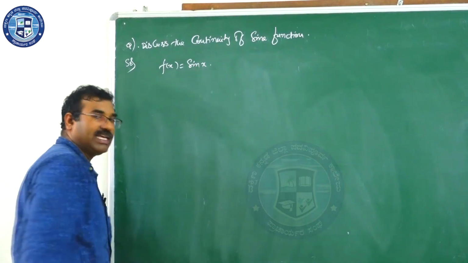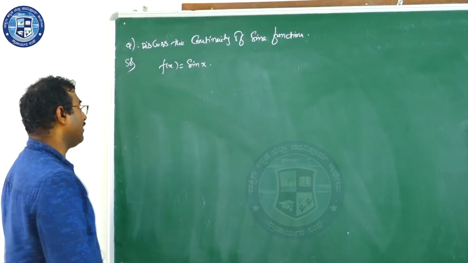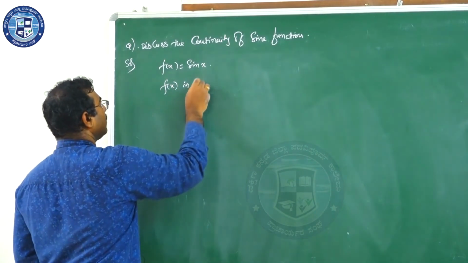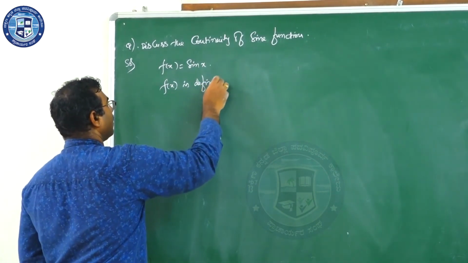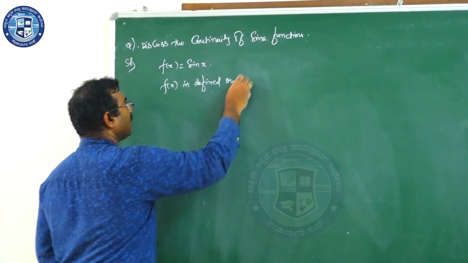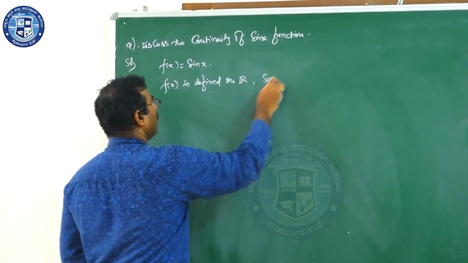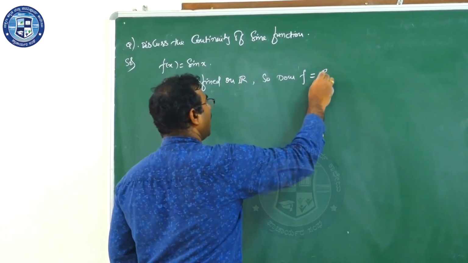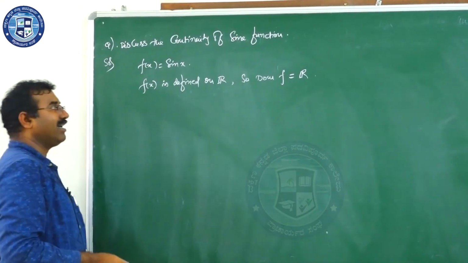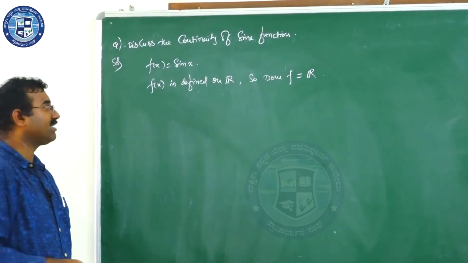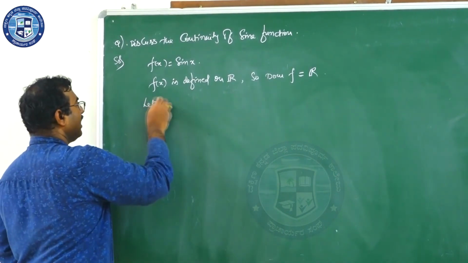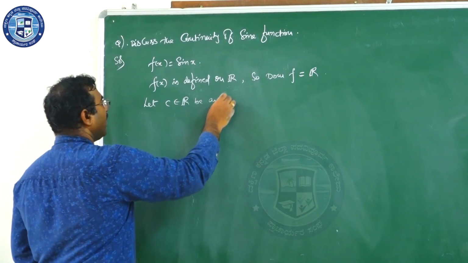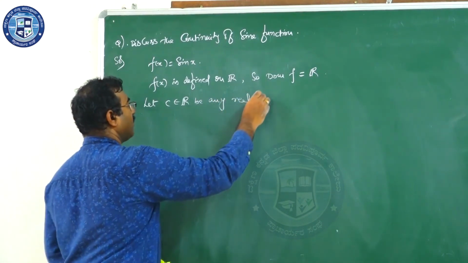We all know that f(x) is defined throughout the real number system, defined on R. So the domain of f is equal to R. Now we will check the continuity of this sine function at C. Let C belong to R be any real number.